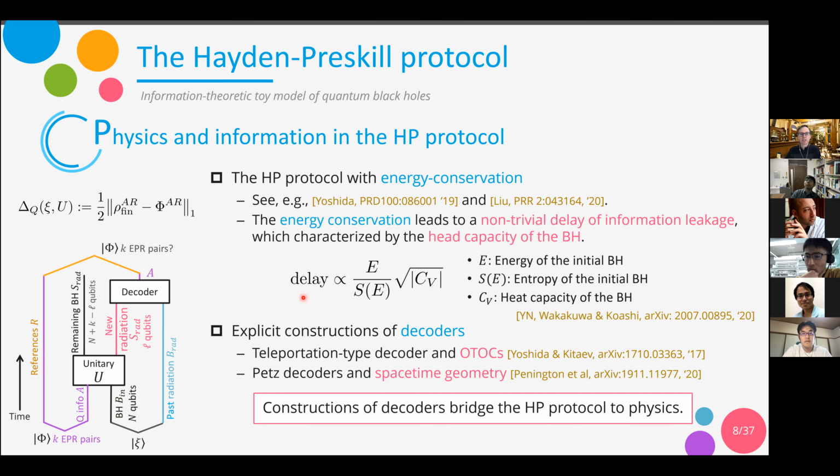Do you know if the delay that you predict is consistent with those calculations? Sorry, I don't know. I didn't follow that literature from the viewpoint of holography. The quick answer is I don't know, but it's a good comment. I should definitely check, but at this point I don't have any comment on that. Okay, but I will check. Thank you very much.